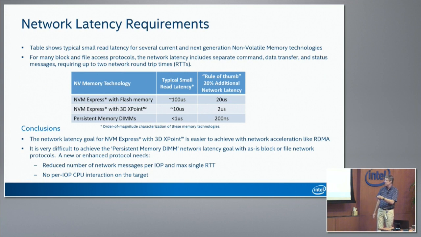It's very difficult to achieve these persistent memory DIMM network latencies with an as-is block or file transfer protocol. A new protocol would need to be really minimizing the number of network messages, a maximum of a single round trip time to do one IOP. And then we really want to get to the point where there's no per IOP CPU interaction on the target. And if we have extra time, I have a slide at the very end. It goes into this in a little more detail.